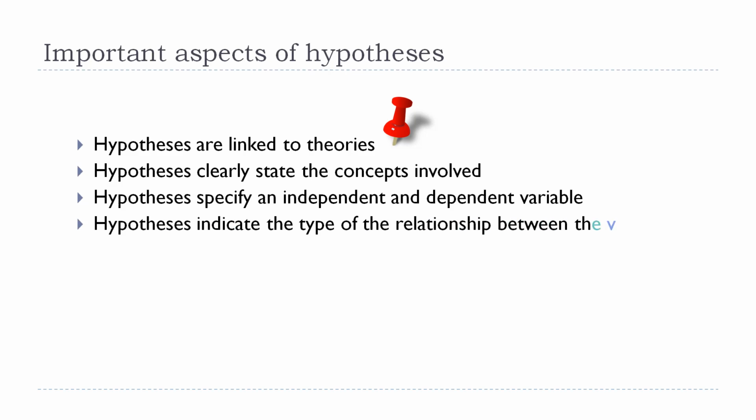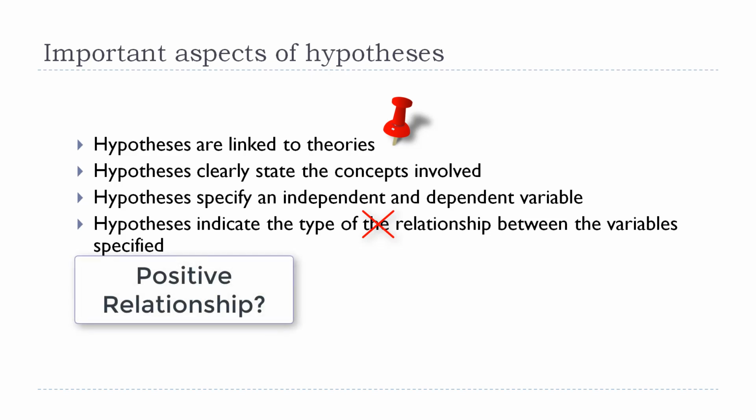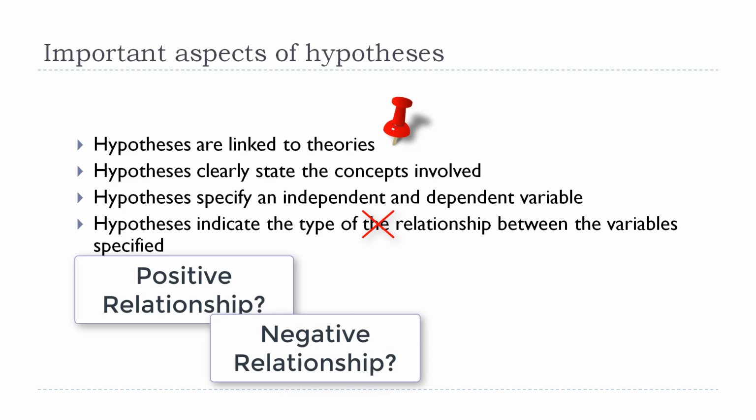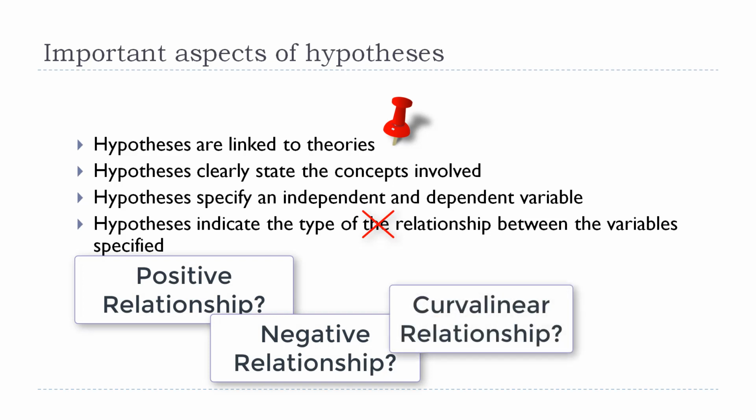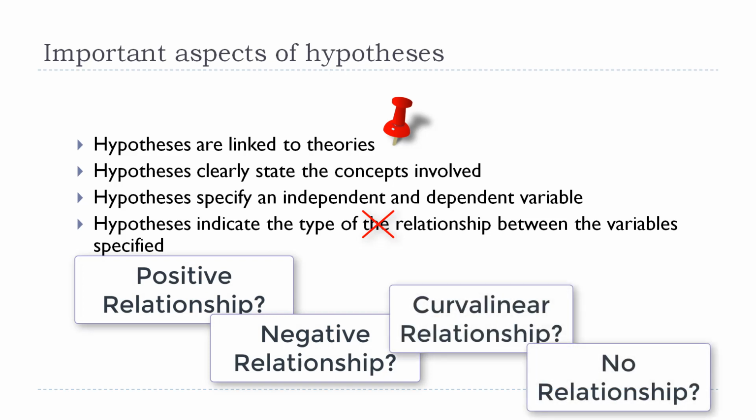Number 4, hypotheses indicate the type of relationship between the variables specified. So is it a positive relationship, a negative relationship, a curvilinear relationship, or no relationship? Yes, those are the types of relationships.